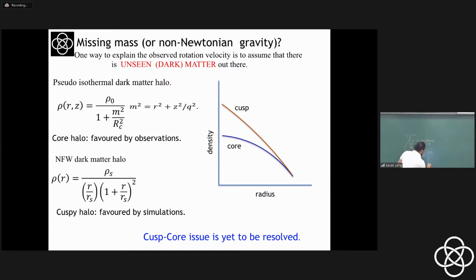If you plot rho dark matter against r, we get a core, almost like a constant. So this is a core profile. This is called the pseudo isothermal halo.